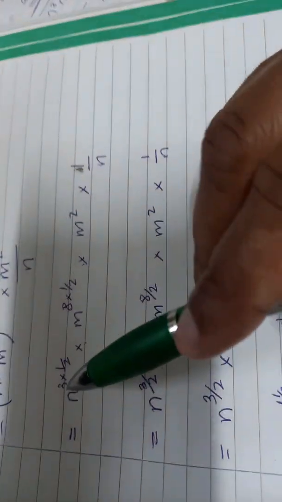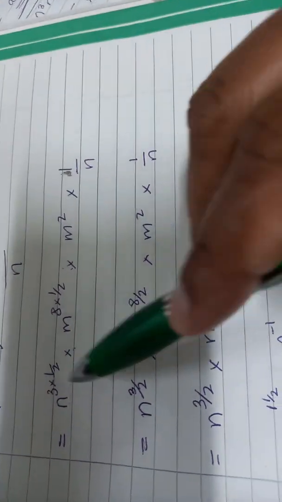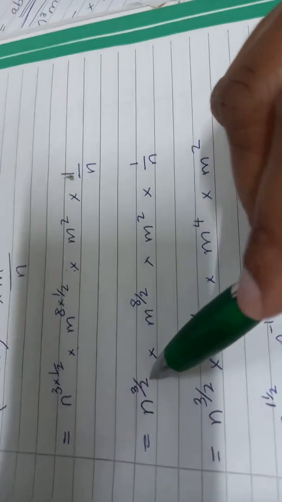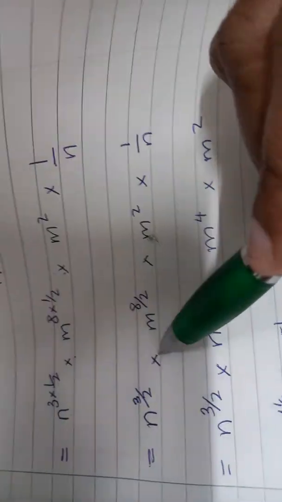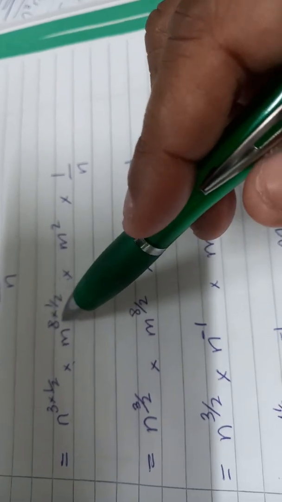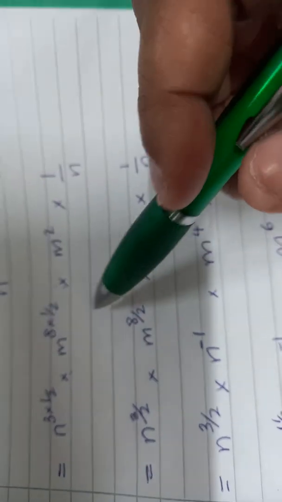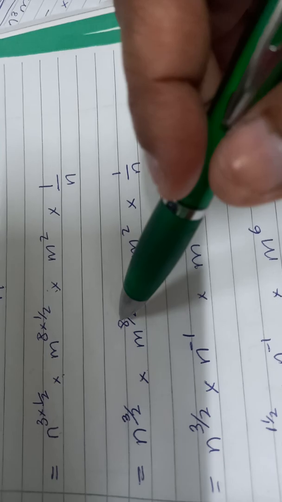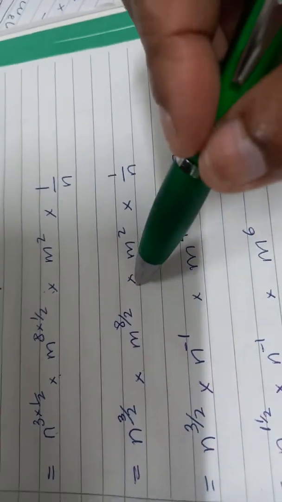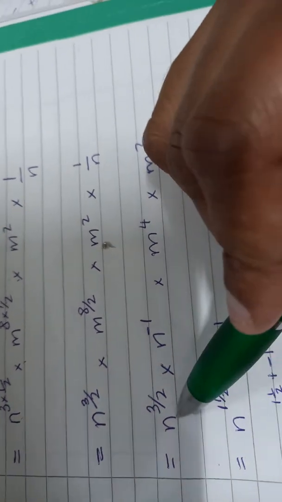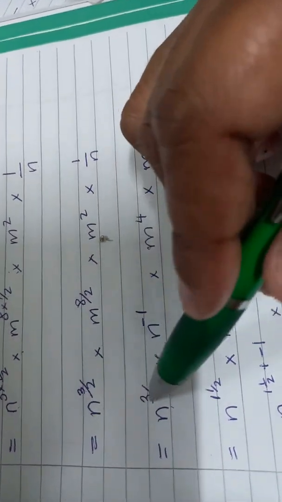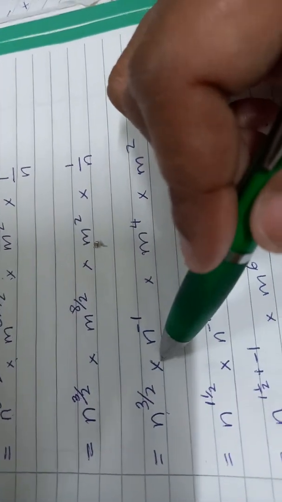Okay, next step. 3 times a half is what? 3 over 2. So n to the power of 3 over 2 times, what's this? 8 times 1 over 2, which is m to the power of 8 over 2 times m squared times 1 over n.